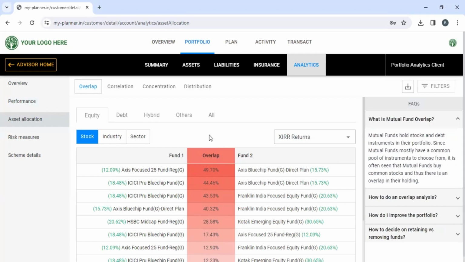And what we've seen is there are only, I would put it, 300 to 400 stocks that fall into this mutual fund universe. Every sort of mutual fund holds these sort of stocks and bonds. So inevitably what might happen is, let's say I have 20 mutual funds, of different AMCs or different categories. Maybe I've invested at different times.